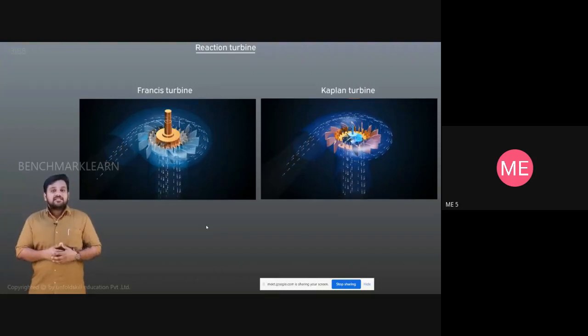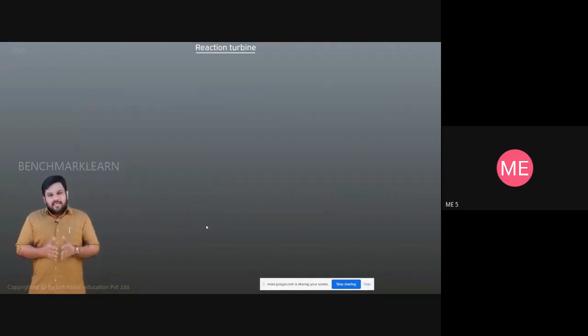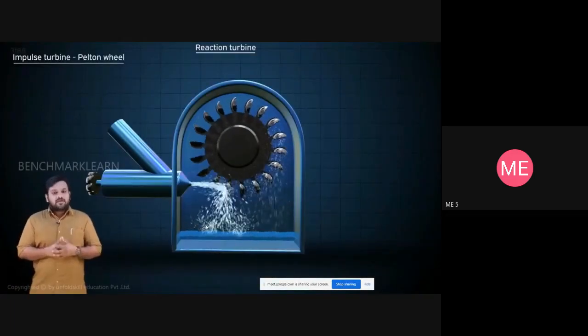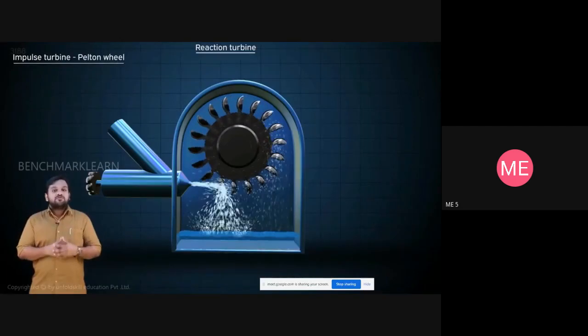The rotation is thus partly due to an impulse on the moving blades due to the velocity of water and partly due to the change in pressure. As the water flows under a pressure over the moving blades, a closed casing is required in a reaction turbine. In an impulse turbine, the pressure along the blade is constant and atmospheric.